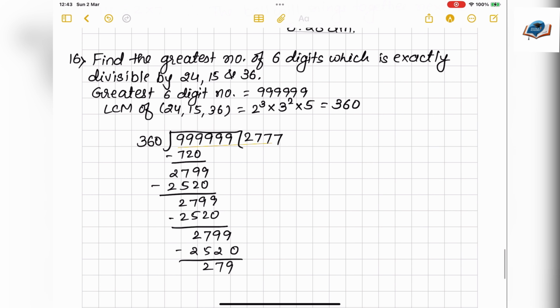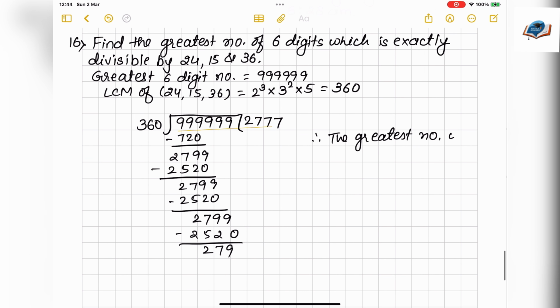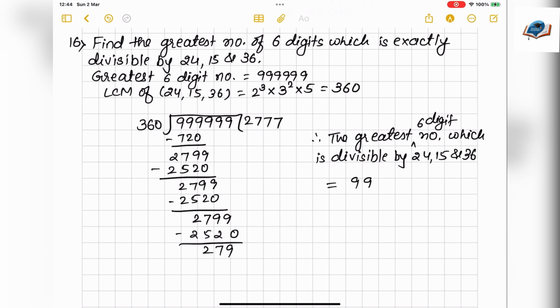Therefore the greatest 6-digit number which is divisible by 24, 15 and 36 will be equal to 999999 minus 279.